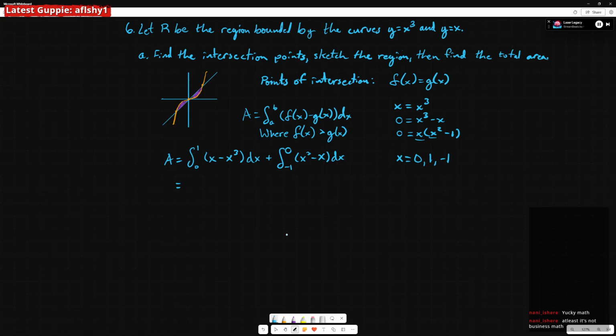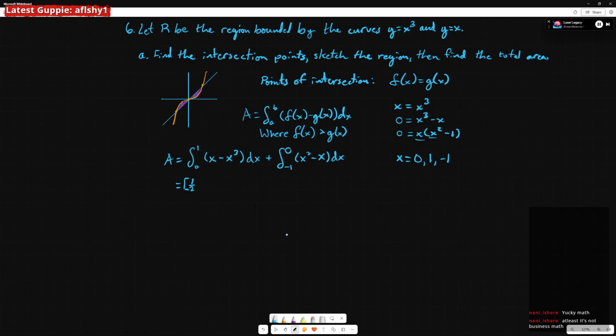Which makes it equal to, for x squared, raise the power and multiply by that value.